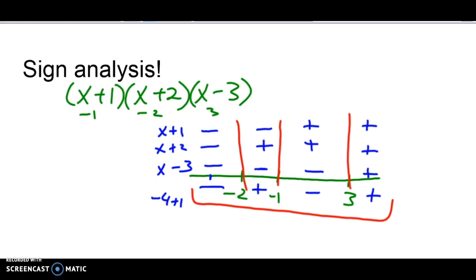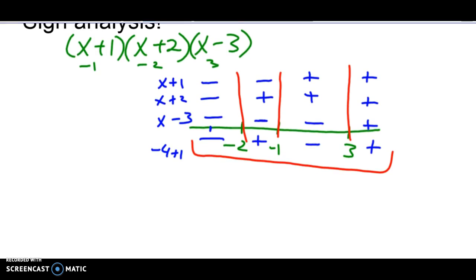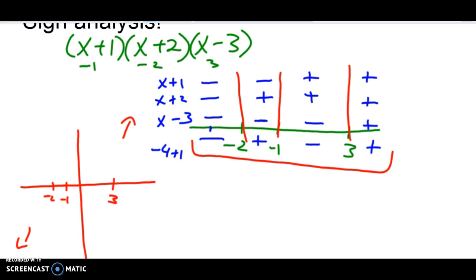So finally, I'm going to graph this using all the information that I have, okay? I know that it's degree 3, I know that it's positive, and that means its end behavior, that it starts down here, it'll end somewhere up here, okay? I know my zeros are at -2, -1, and 3, okay?